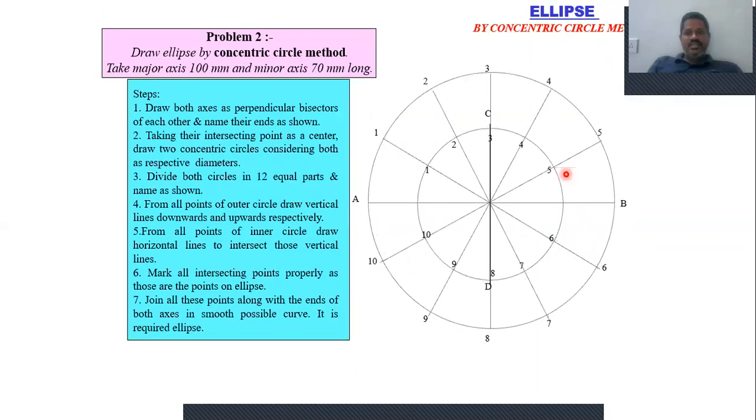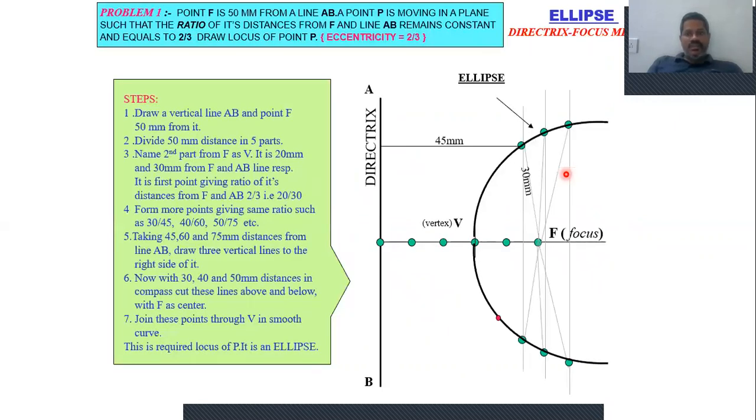Then we also discussed the general method, the eccentricity method, otherwise called the directrix-focus method. In this case we draw the directrix and focus. Then we divided the distance between directrix and focus into equal divisions of the eccentricity ratio.